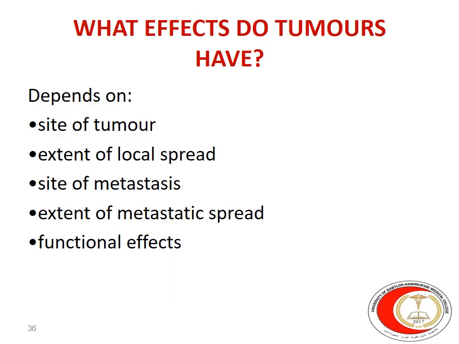The other objective is what effects tumors have. This depends. The effects of the tumor depend on the site of the tumor, the extent of local spread, the site of metastasis, the extent of metastatic spread, and functional effects.